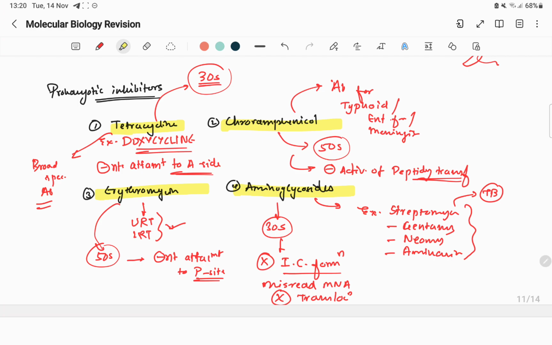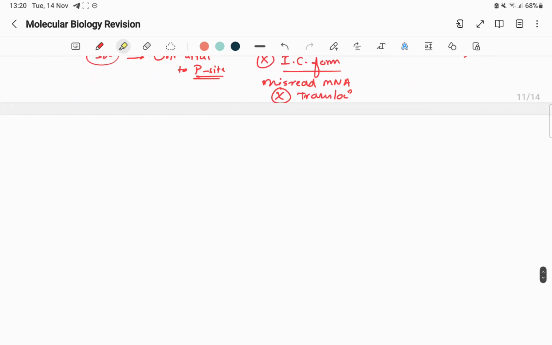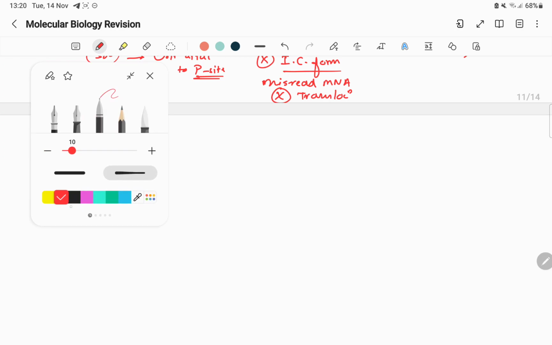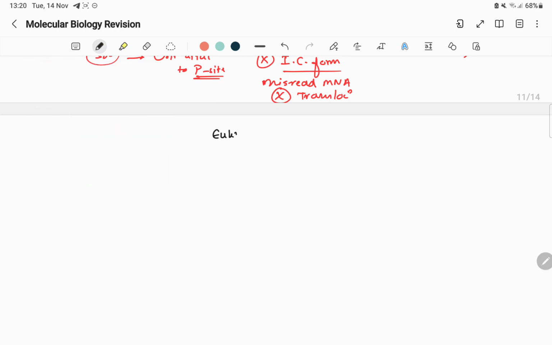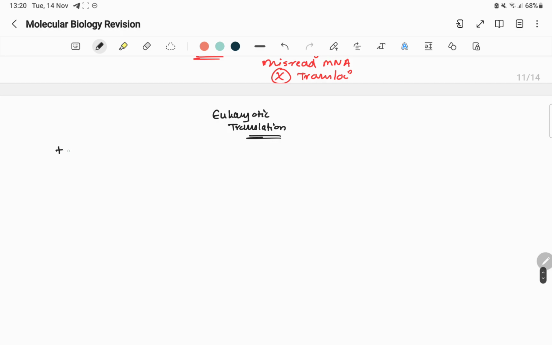So let's now move to translation in your eukaryotes. Eukaryotic translation. So in eukaryotic translation, first we will have activation of tRNA. So let's activate the tRNA.